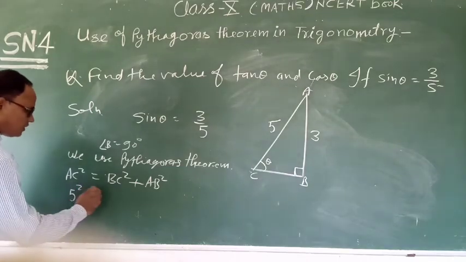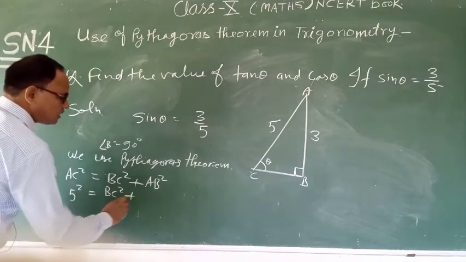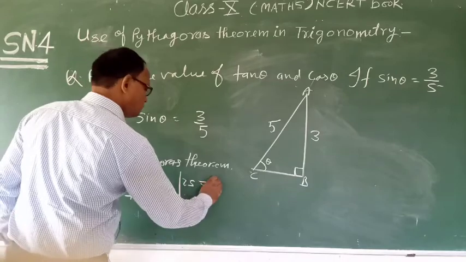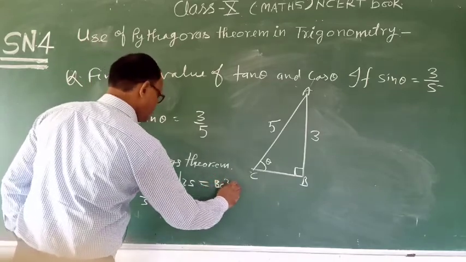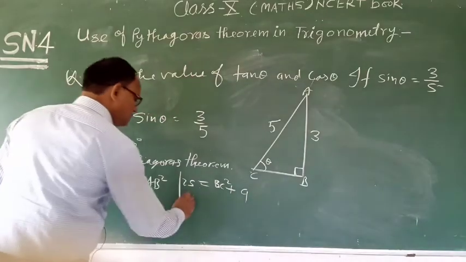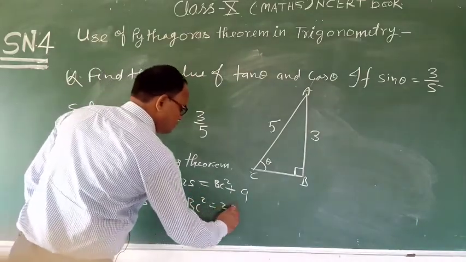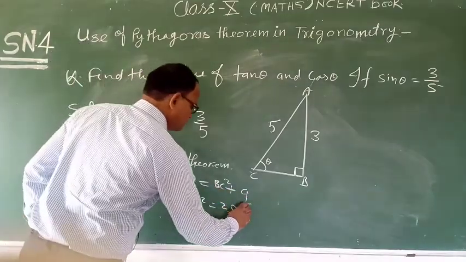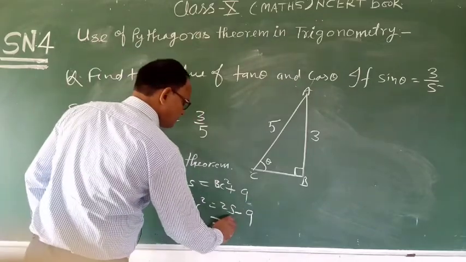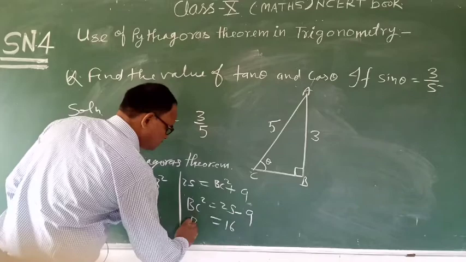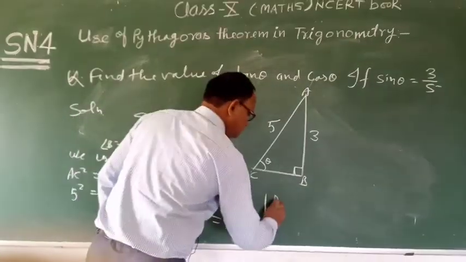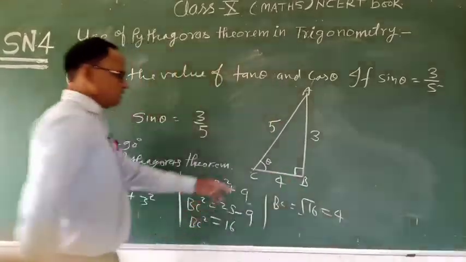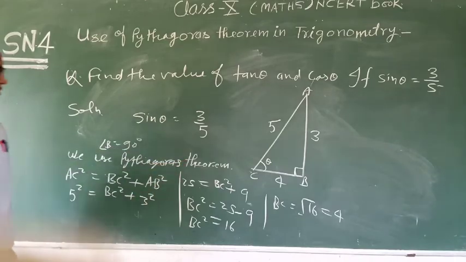Here 5 square is equal to BC square plus 3 square. So 25 is equal to BC square plus 9. Transferring 9 from this side, BC square is equal to 25 minus 9, which is 16. Then BC is equal to root 16, which is 4. Thus we get the value of BC equal to 4.